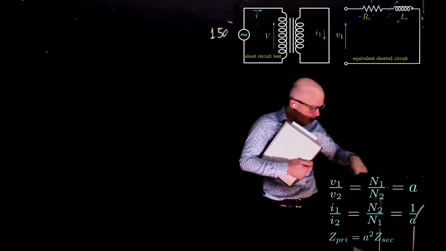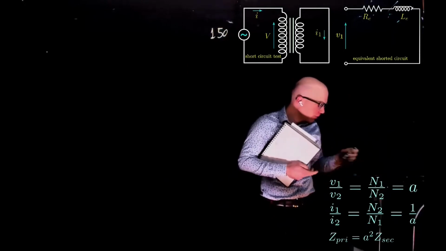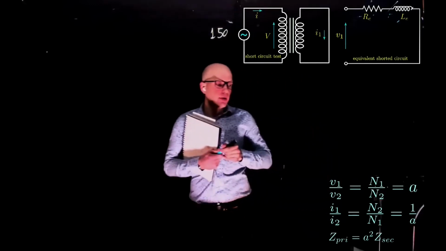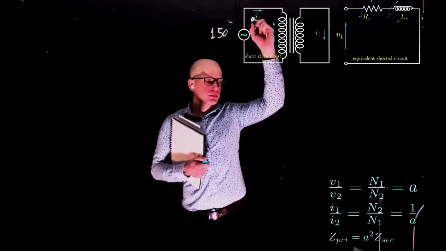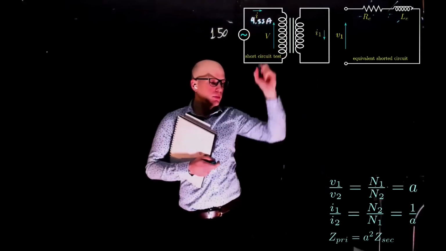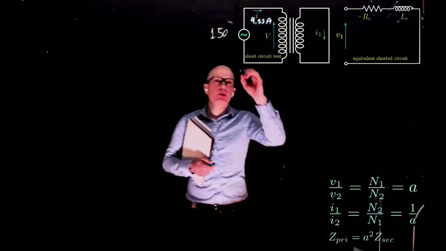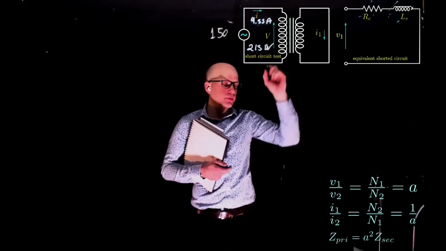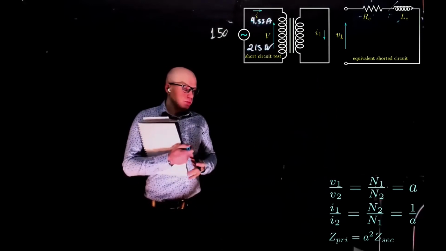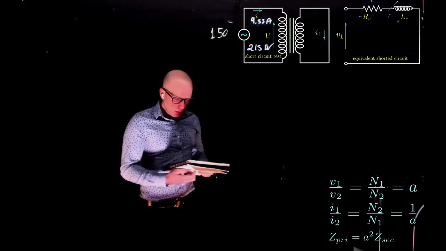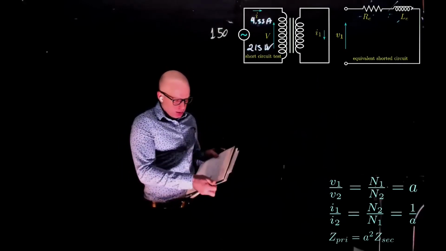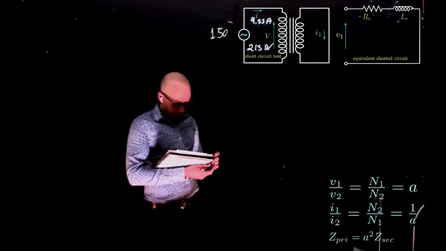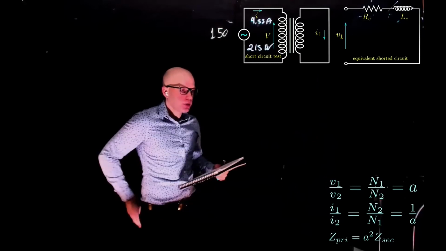We see a current input of 4.55 amps, and this is dissipating 215 watts. So how do we solve this now? How do we do the same, but now from the secondary perspective?